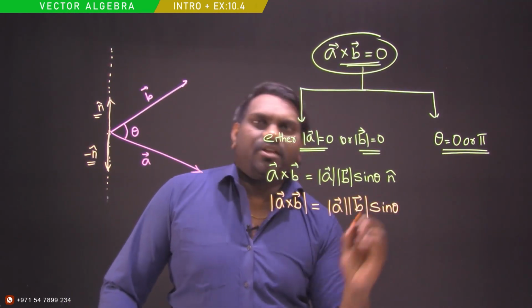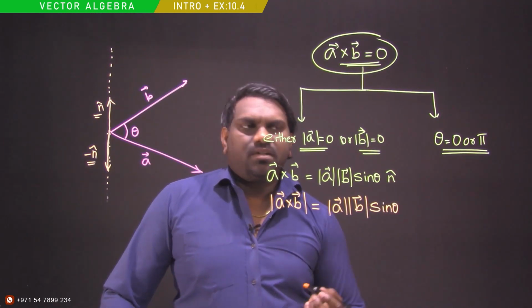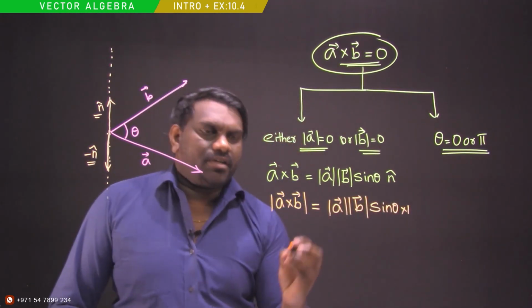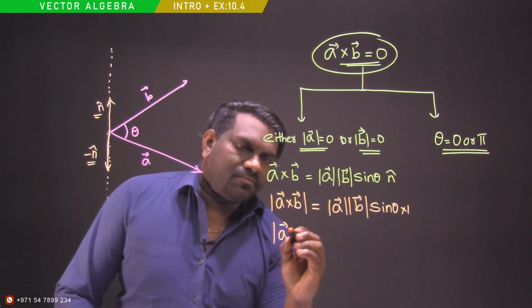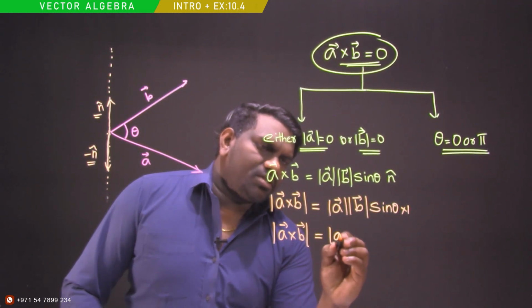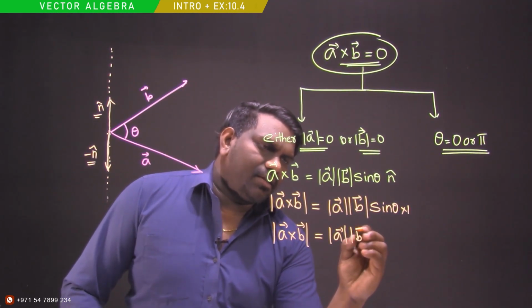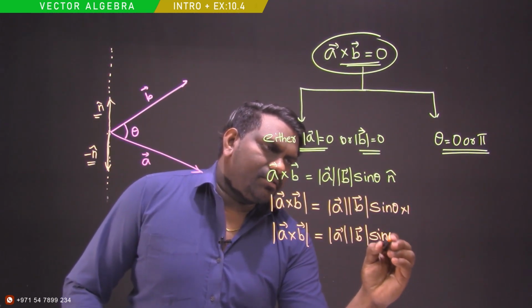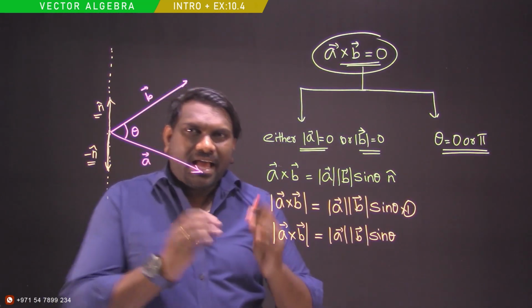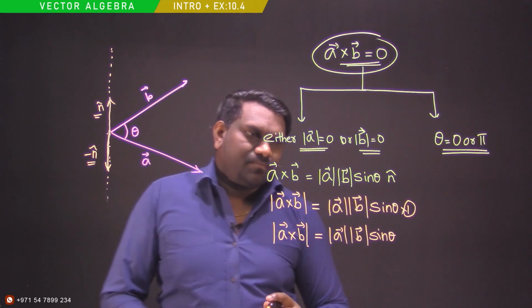Still that is again a magnitude value. And what is this one? This one is 1. Yeah, so I don't need to care about it. So from here what I will get, I'll just write it again dear. I'm not skipping any step. I'm just writing the whole step again and again if needed. So it's sin theta without n cap. Okay, 1 how? Because this one has a magnitude value 1, that's why.